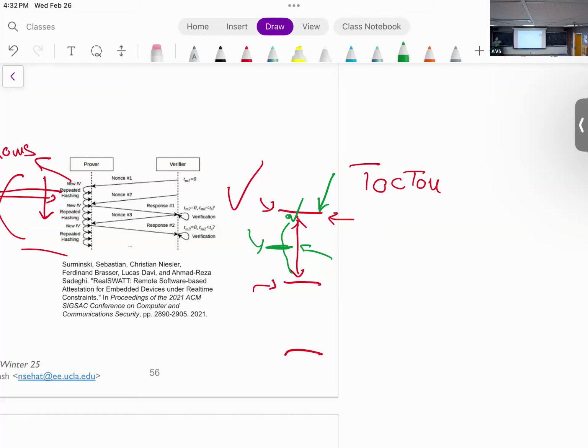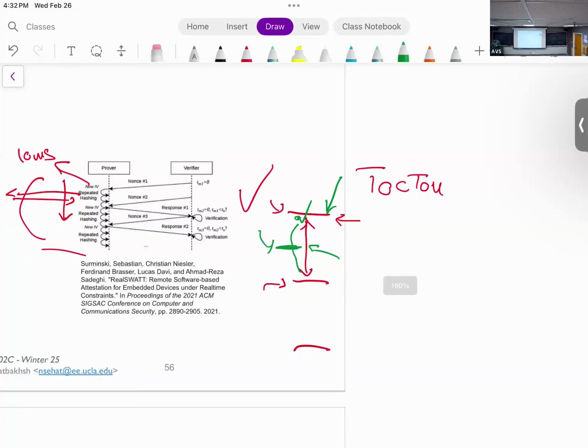But they come with their own overheads because they are constantly on. So you're paying that penalty of memory safety all the time, versus attestation, you can run it as rarely as you want. You can run it once every year, or you can run it every hour. That depends on the criticality of your system.